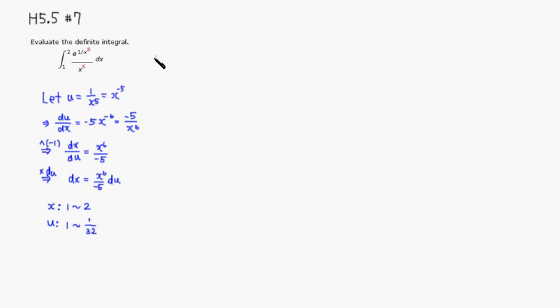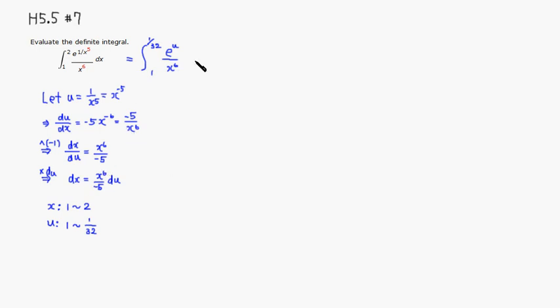So we can rewrite this integral as an integral from 1 to 1 over 32. Then you have e to the u, because 1 over x to the 5th is u, over x to the 6, which I'm writing on the bottom for now because we can cancel it later.